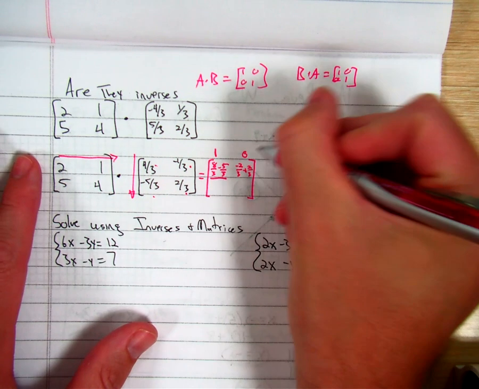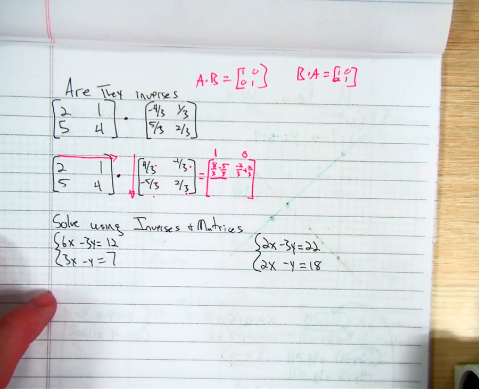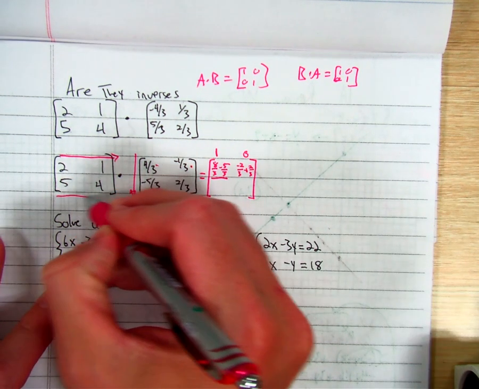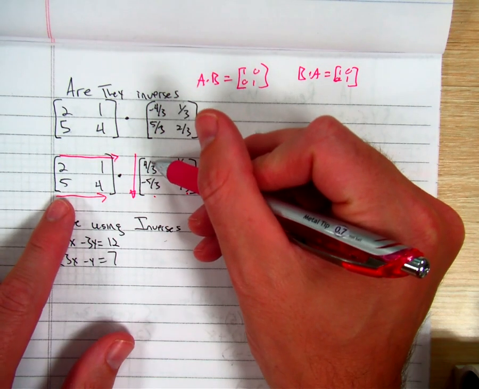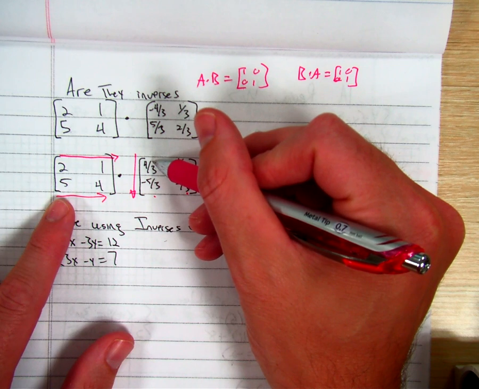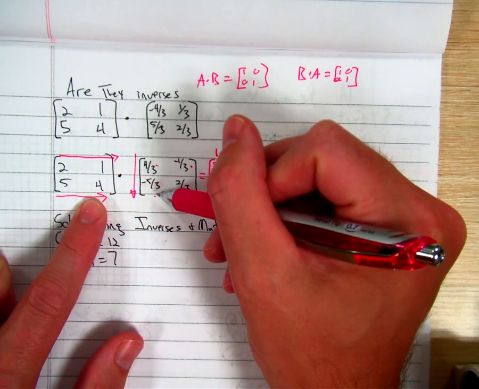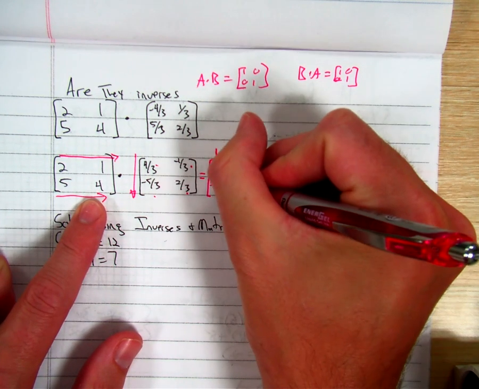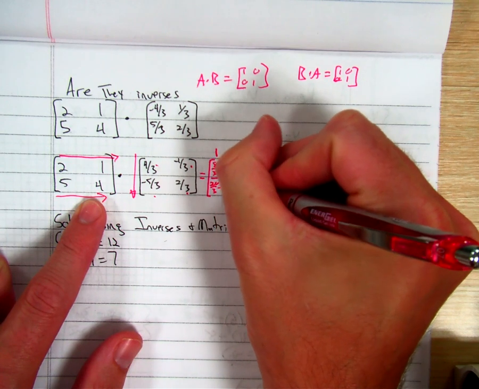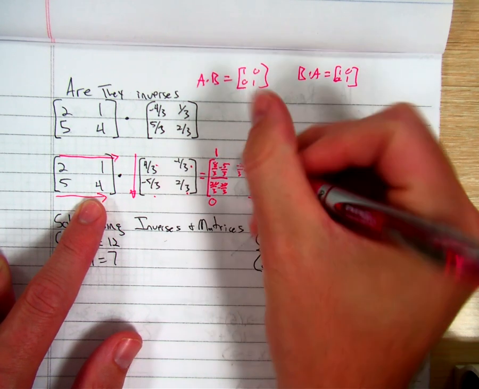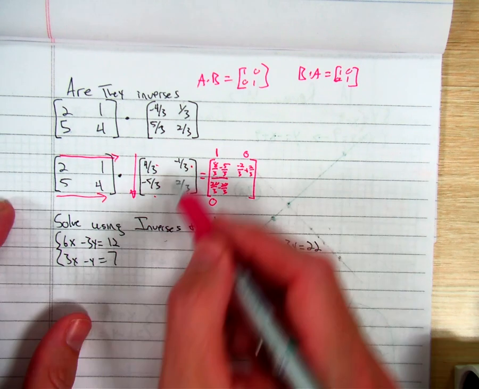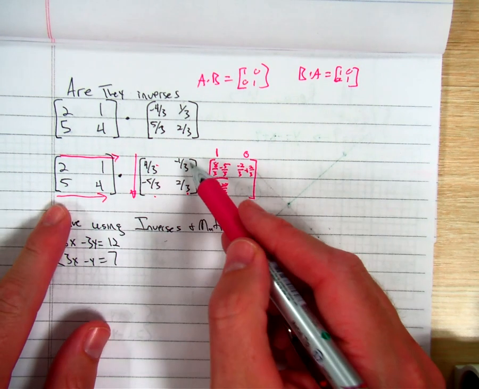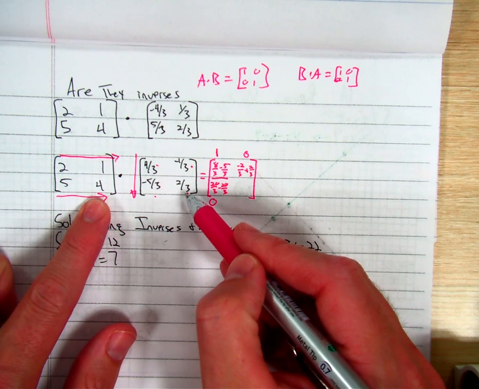That's going to be 0. Bottom row, left column, that's going to be 20/3 minus 20/3 for 0. In bottom right, we've got negative 5/3 plus 8/3.